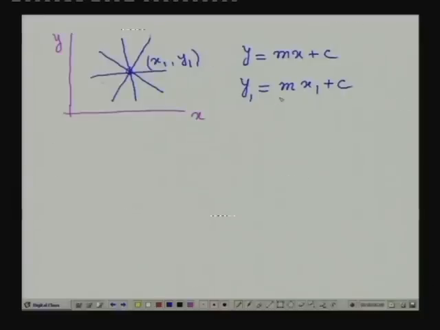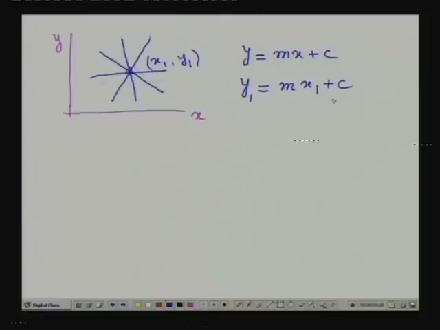So, if I now map this into our parameter space, that is the M C plane, you find that m and c become the variables, whereas y 1 and x 1 are the constants.